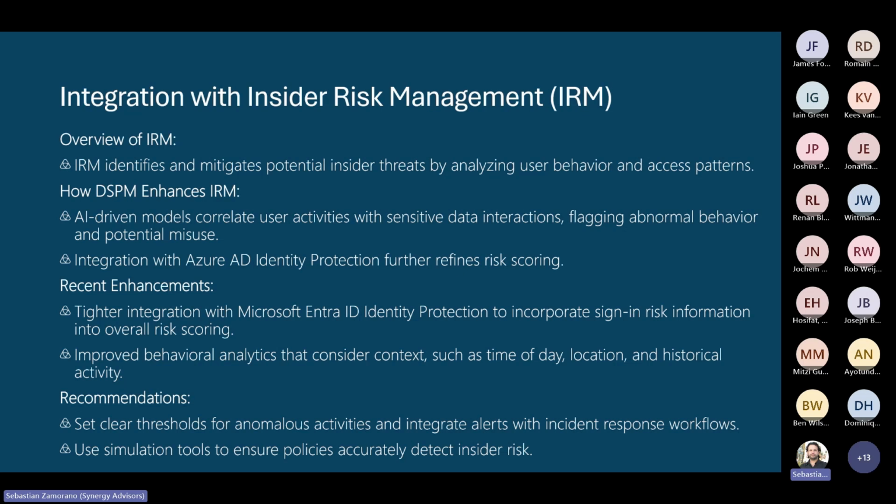We have the capability to connect to several other technologies and third-party tools, like HR connectors, to understand if someone who is about to resign is taking different actions, having different behaviors than before, removing sensitivity labels, or sending a lot of information to a personal email.